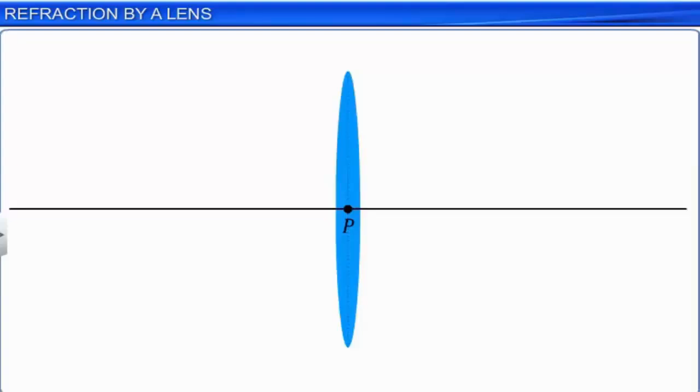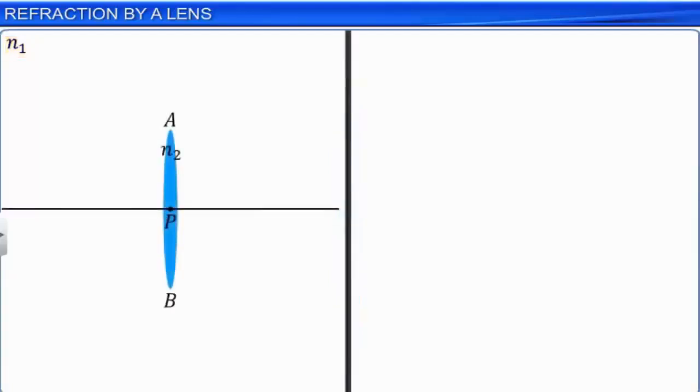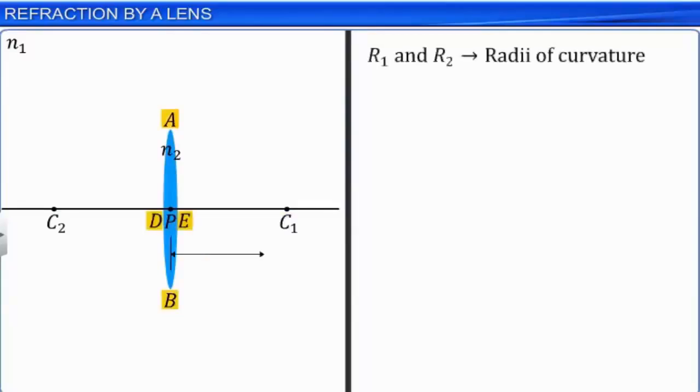Let C1 and C2 be the centers of curvatures of the two spherical surfaces ADB and AEB with their radii of curvature equal to R1 and R2 respectively. If a point object O is placed on the principal axis, its image is formed at I. Let U be the object distance and V be the image distance.